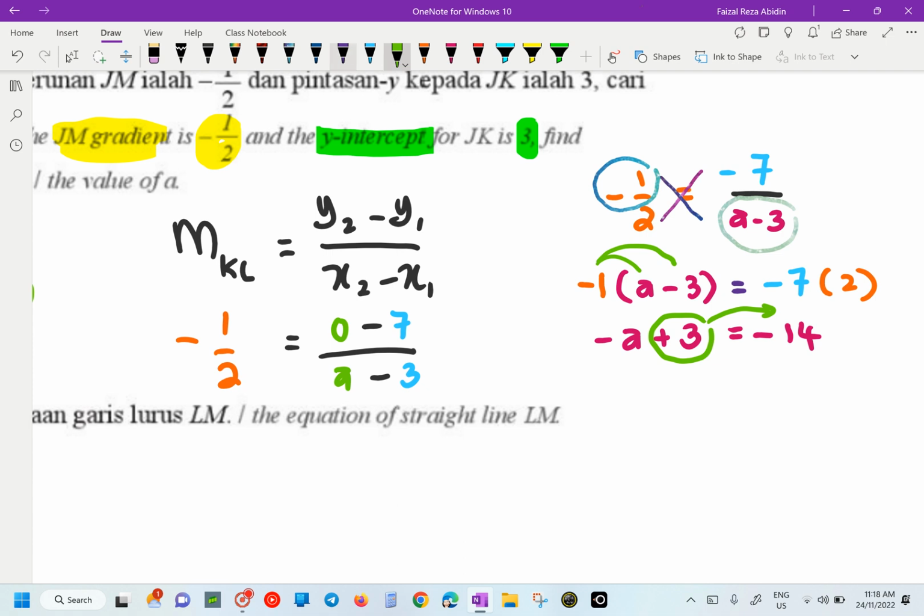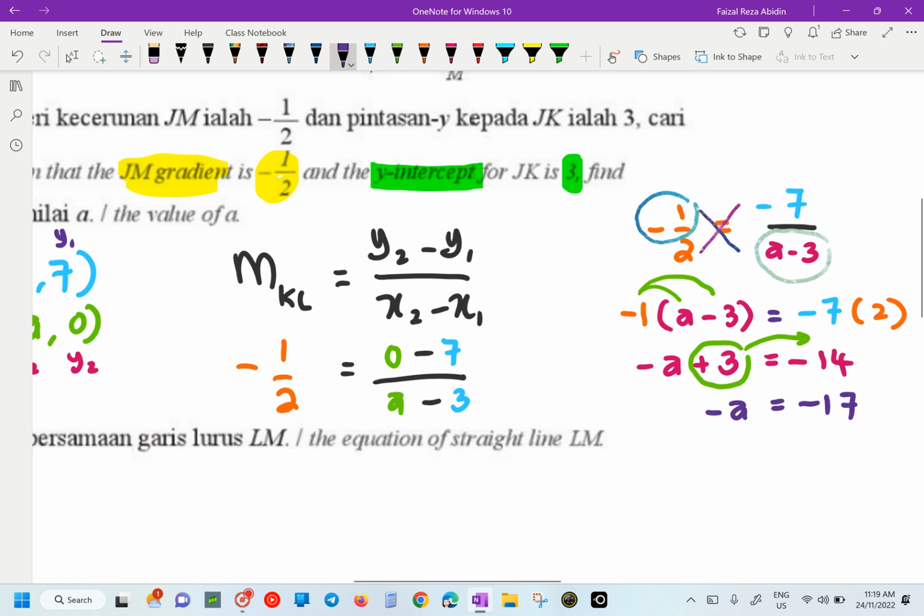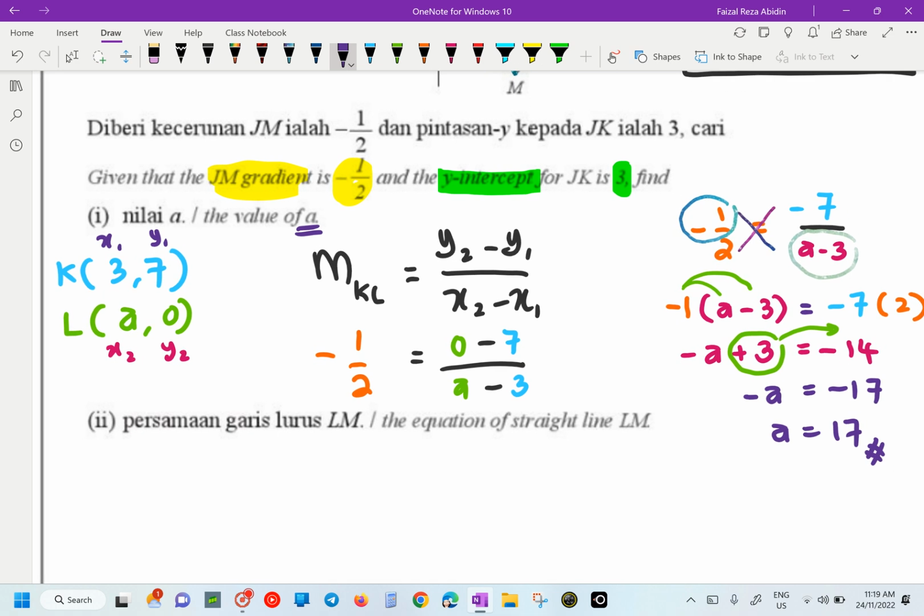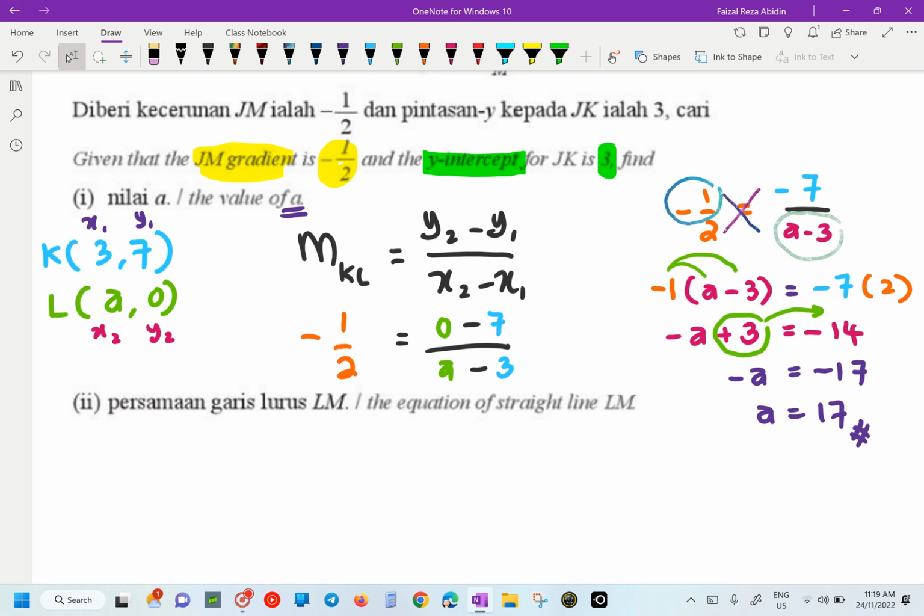So you are going to have negative a first, negative 17, because we are going to find the value of a, not the value of negative a. So it means you are going to multiply both sides by negative 1. So we are going to get a here is 17. By using what? This formula.